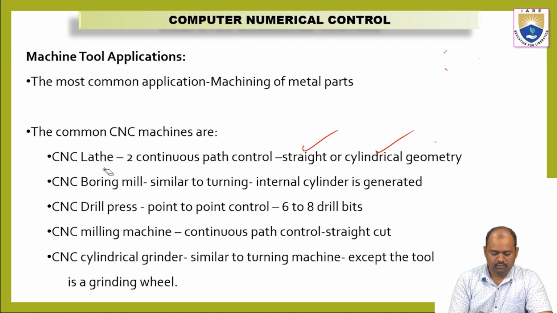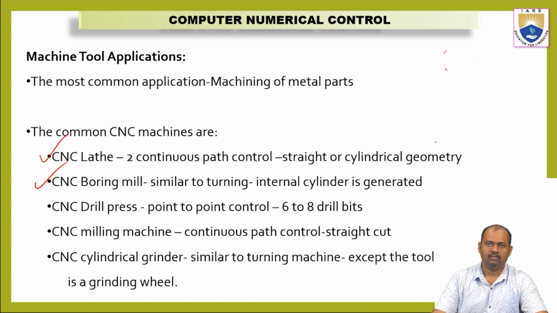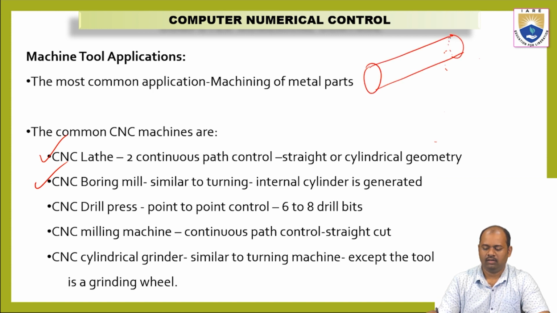Now the second one is the CNC boring mill. The CNC boring mill is nothing but a drilling or boring machine which is used to make holes in the workpiece. This process is very similar to turning, where we take a cylindrical rod and decrease its diameter by putting a tool here.